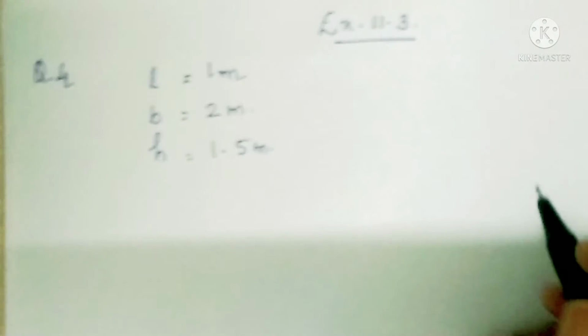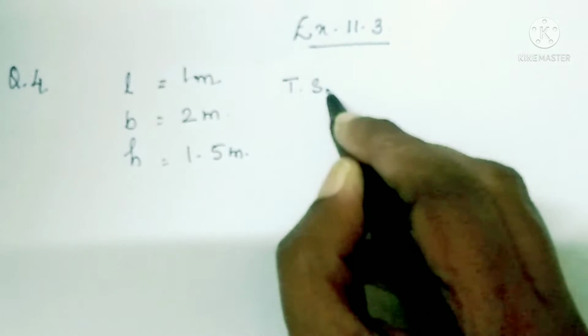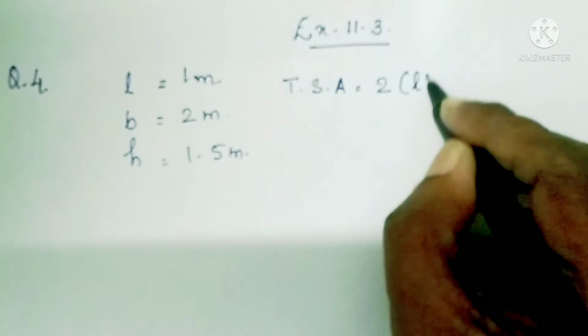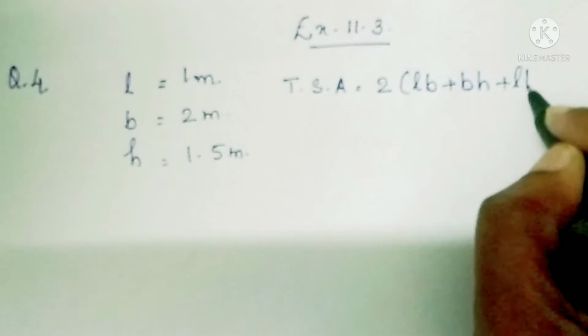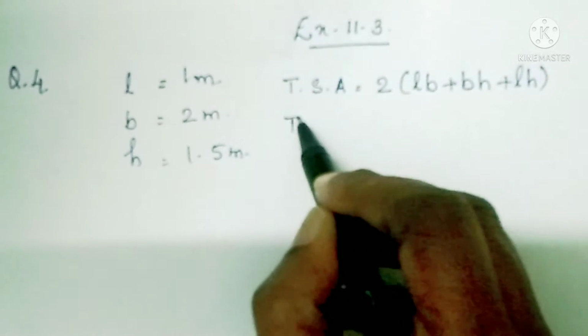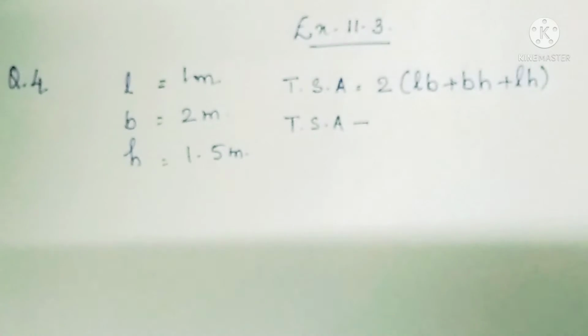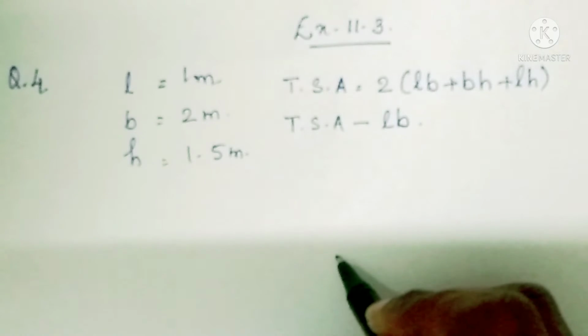So we have already learned that the total surface area, TSA, of a cuboid is equal to 2 into (LB plus BH plus LH). But here it is total surface area minus the bottom portion. Bottom portion will be the same as the top portion, that is L into B. This is one way of doing.